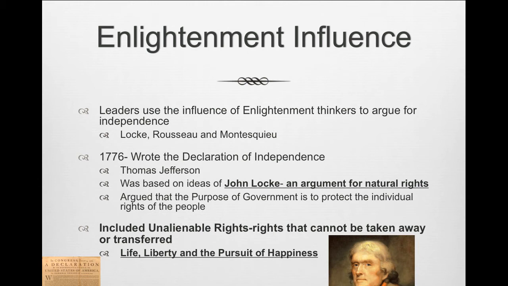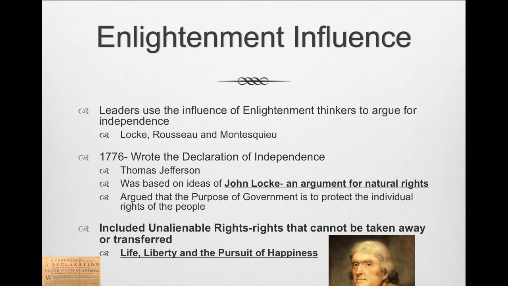So in 1776, at the Second Continental Congress, Thomas Jefferson writes the Declaration of Independence. And this Declaration of Independence was firmly based on the ideas of John Locke, and it argued for the natural rights of man. The Declaration of Independence also argues that the whole primary purpose of government is to protect the natural and individual rights of the people.